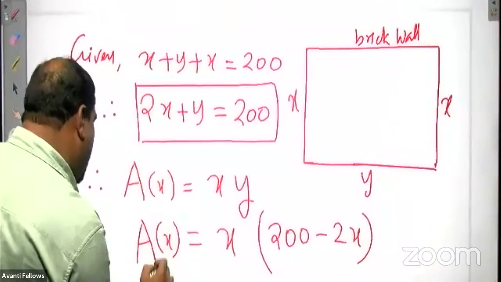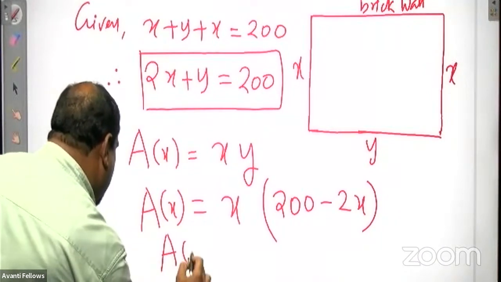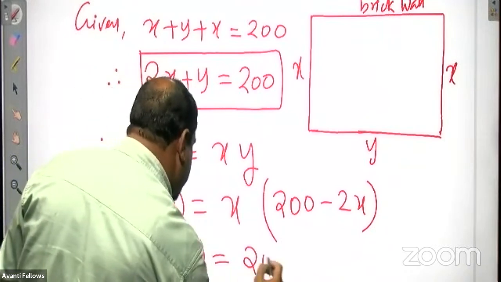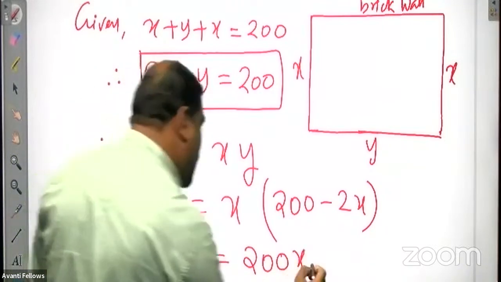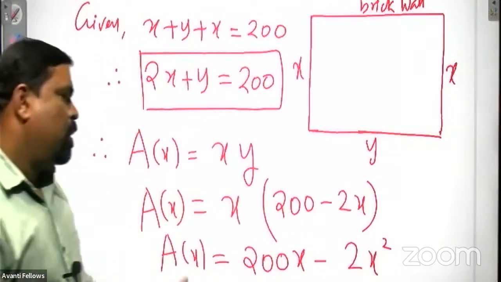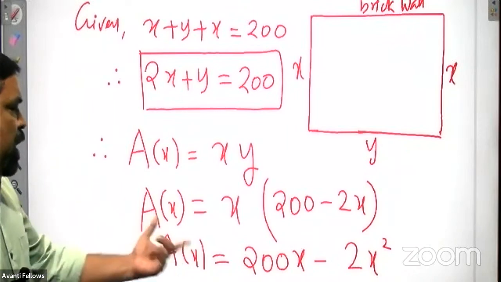We can modify this into a simpler form so that we can easily differentiate without any product rule. Let us multiply this x inside. So 200x minus 2x square, in expanded form. So this is our area.